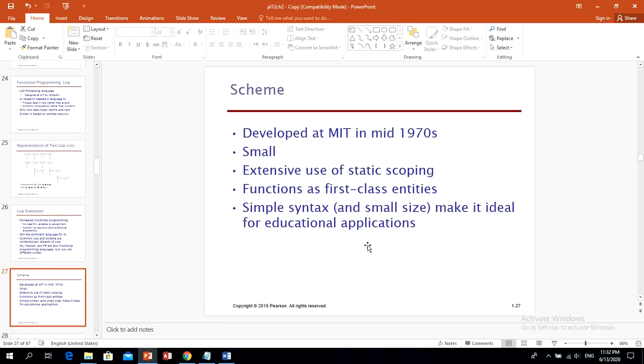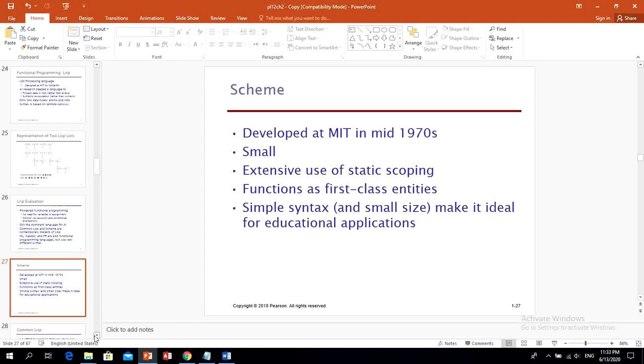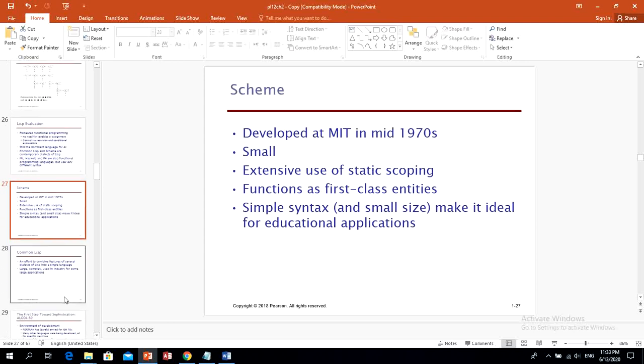It has simple syntax and also a very small size for programs. This is what makes it very ideal for educational applications. People use, for example, the C programming language too, although it is not used widely in the market, basically for educational purposes. So Scheme is one of those languages used for educational applications.